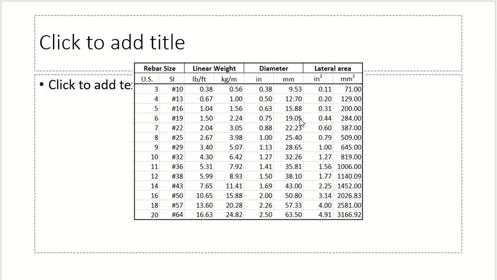So r is number 8, then r is 4. Okay, and then it must be divided by millimeter, and then square, right? Pi r square, right? So how much do you get?